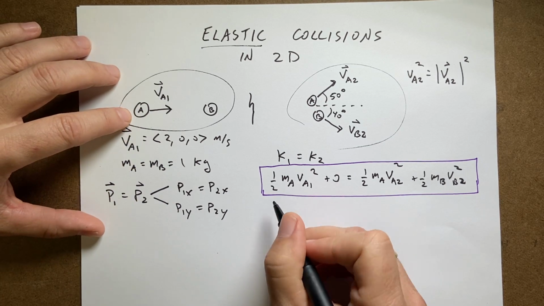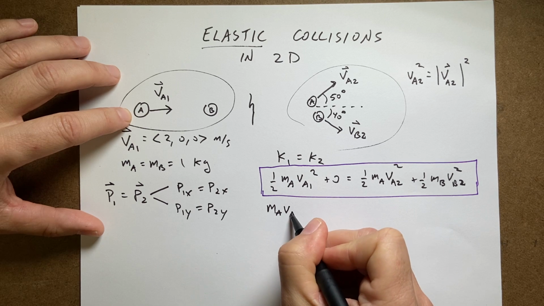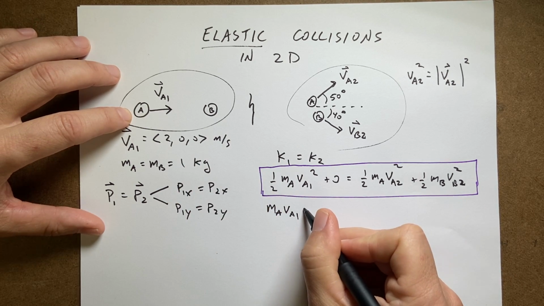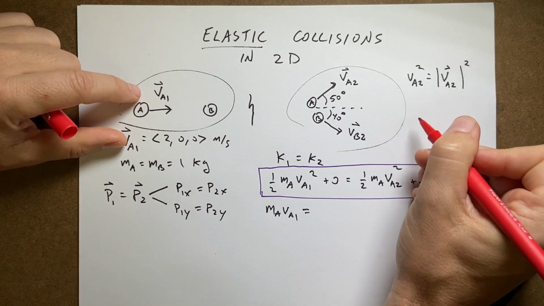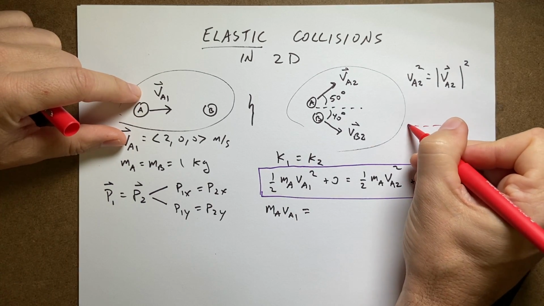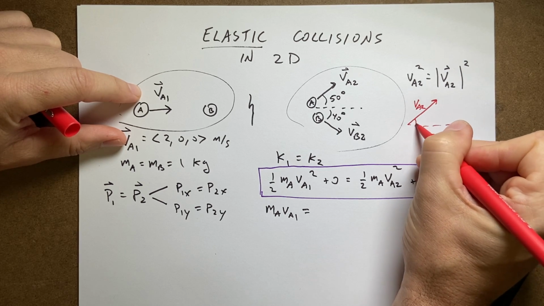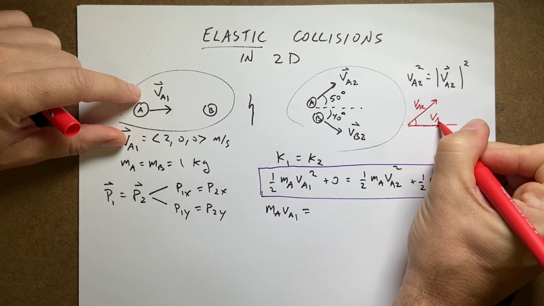The initial x momentum is going to be ma va1 plus 0 equals, now let's look over here. Here's my diagram. There's va2, the magnitude, and that's the angle. This is the x component of the velocity, va2x.